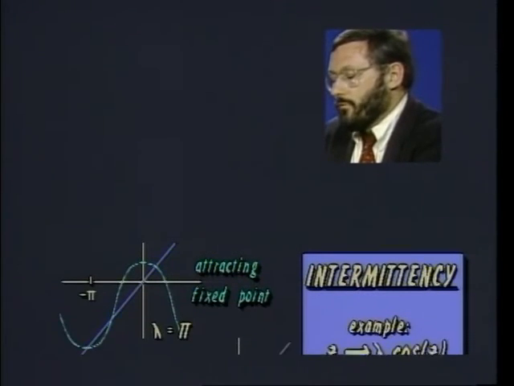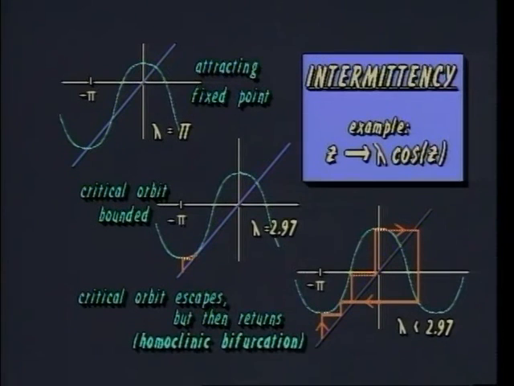escaping, but then returning. Let me illustrate this with the family a constant times cosine z. Here's the graph of a constant times cosine z, where the constant starts at pi and decreases down to just below 2.97. Notice that the graphs for a constant times cosine do exactly what I just said.